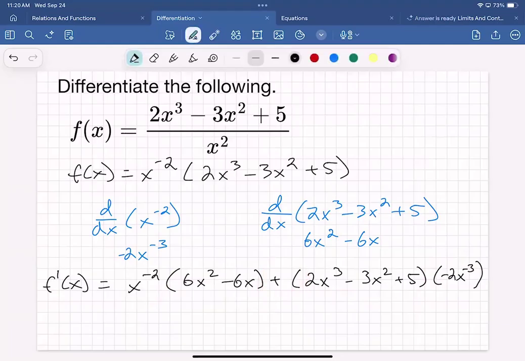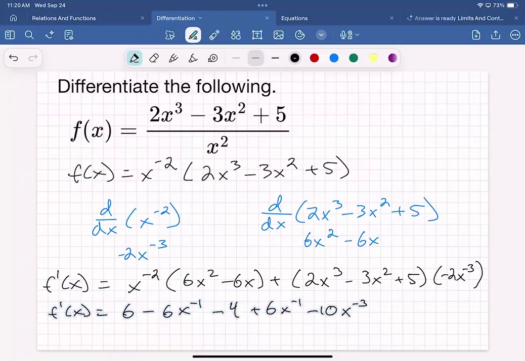Well, hopefully what you'll see from here is I'm just going to go into the distribution now. So distribute the x squared and distribute the -2x cubed. What stands out to someone after I do the distribution there?